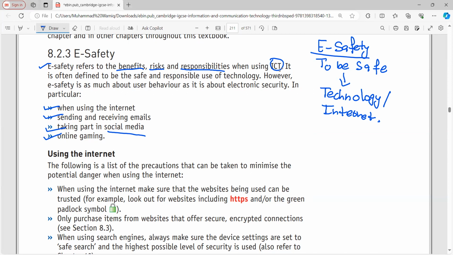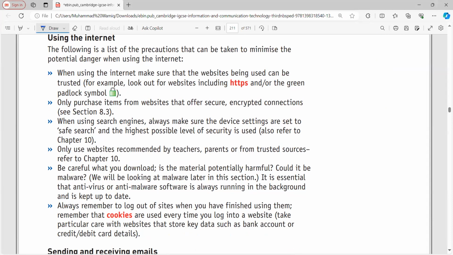Okay, so when using the internet, we have to protect ourselves. How can we do that? First of all, whenever using the internet, we need to look for an HTTPS website. HTTPS stands for Hypertext Transfer Protocol Secured.